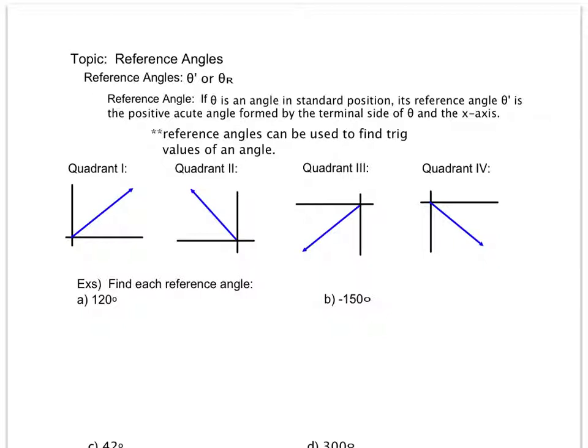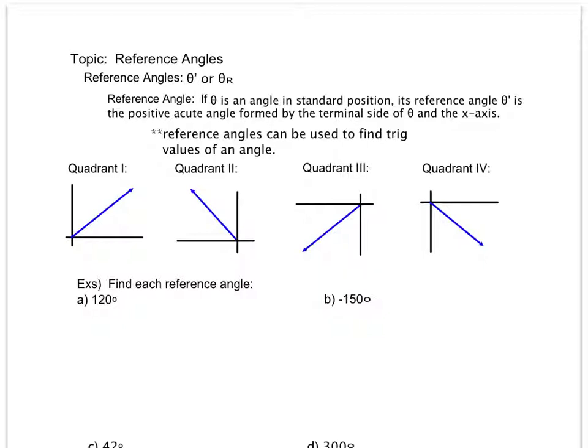So a reference angle, if we have theta as an angle in standard position, the reference angle that we're going to call theta prime, or theta r, is going to be the positive acute angle formed by the terminal side and the x-axis. So I'm really going to point out the important things. It's a positive acute angle, and it's formed with the x-axis. Okay?